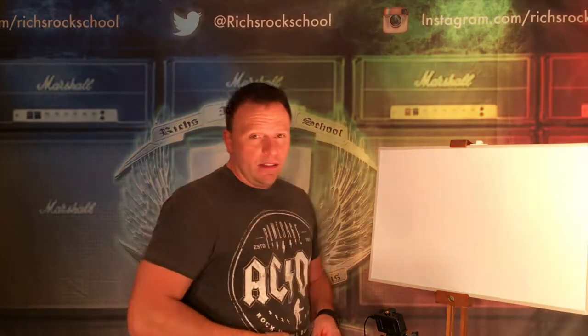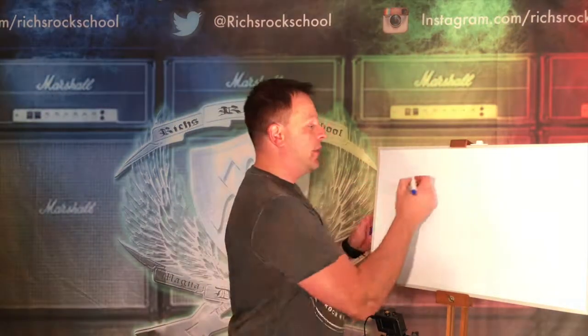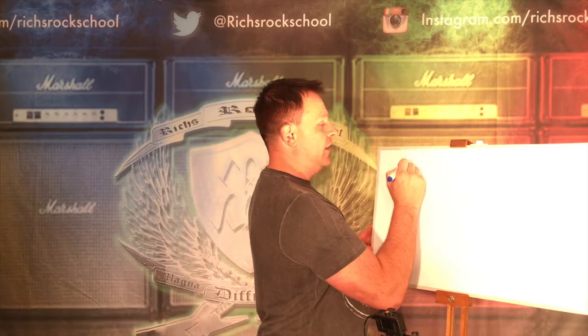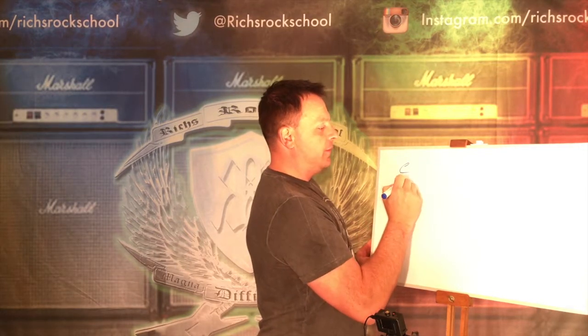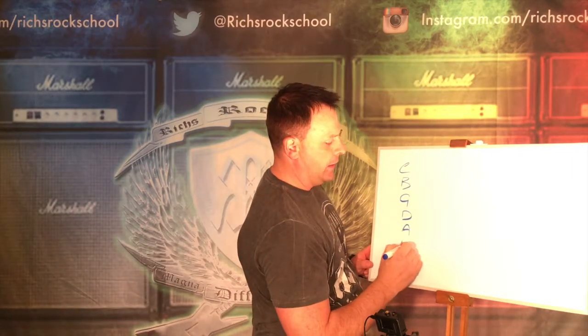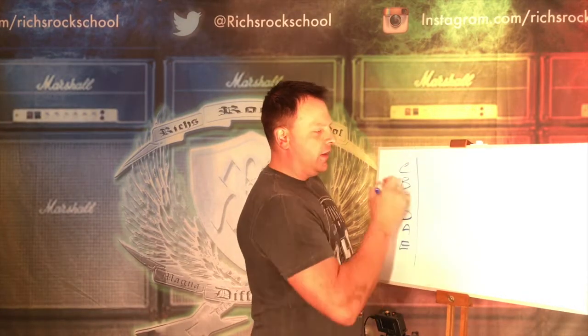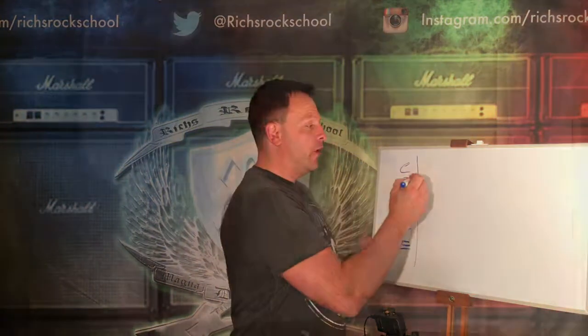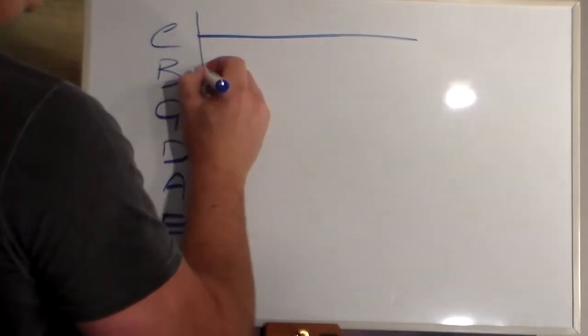So when you're looking at your tab, again, like we've said, you'll have your little E at top, B, G, D, A, and E. Then you'll have lines running from each of these letters.